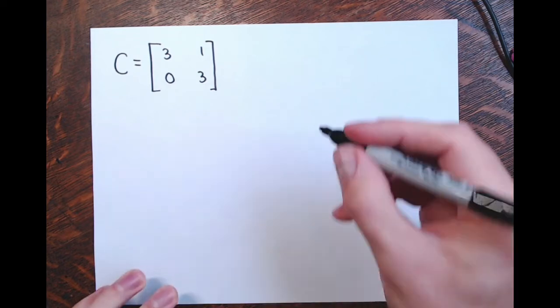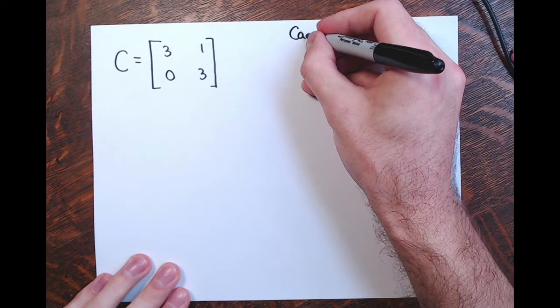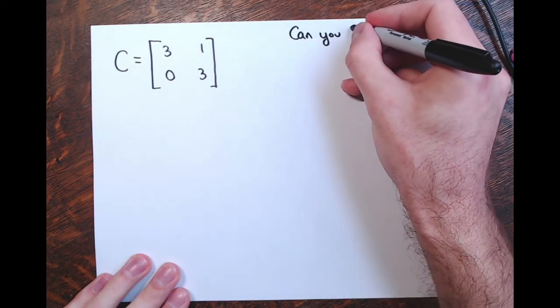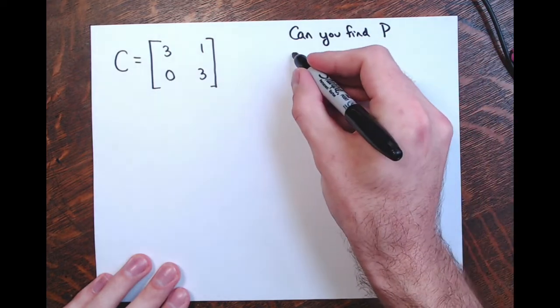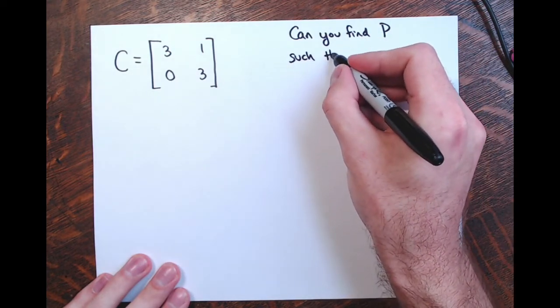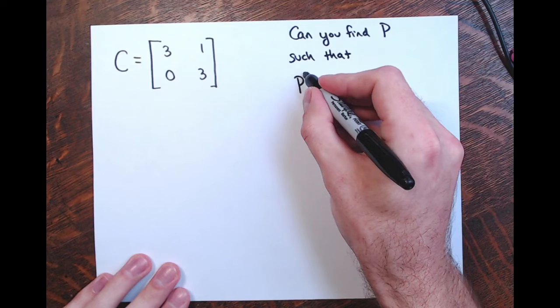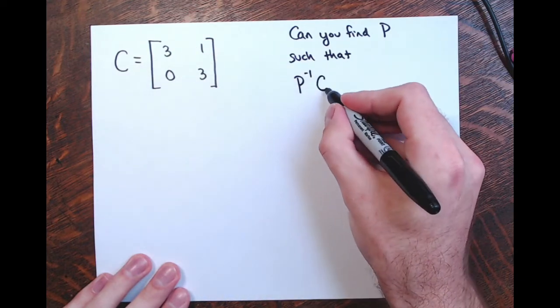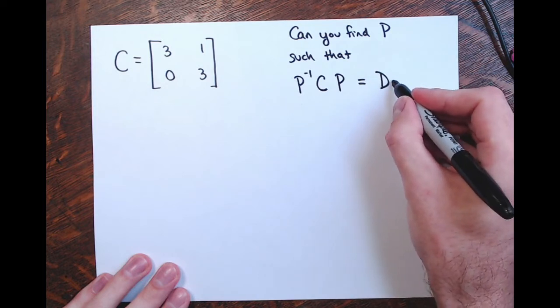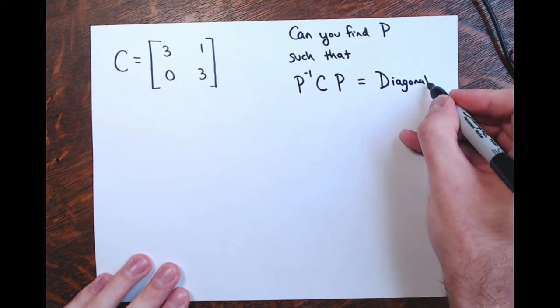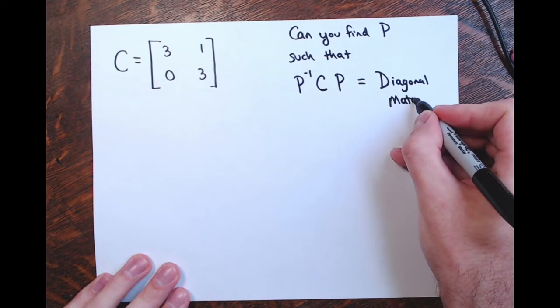Can you find a matrix P such that P inverse times this matrix C times P is equal to a diagonal matrix D?